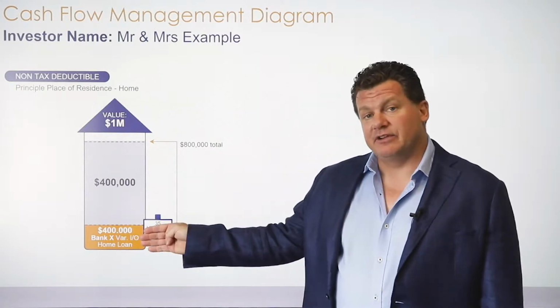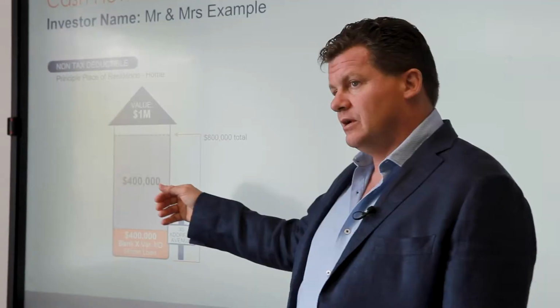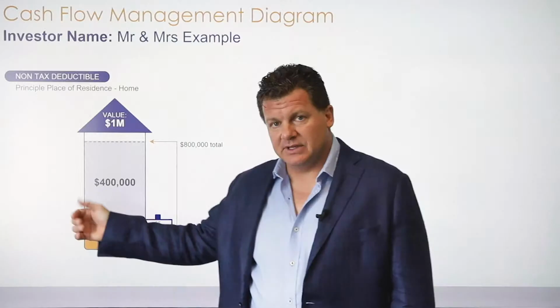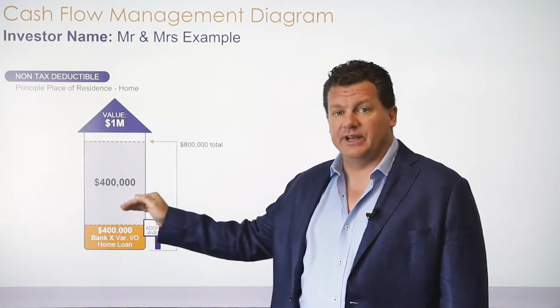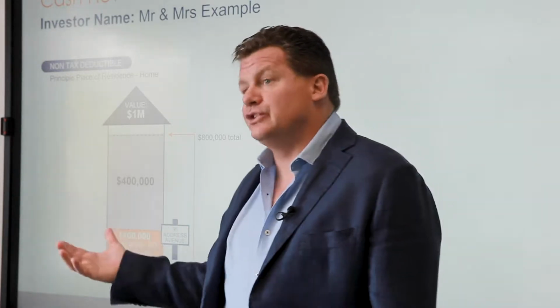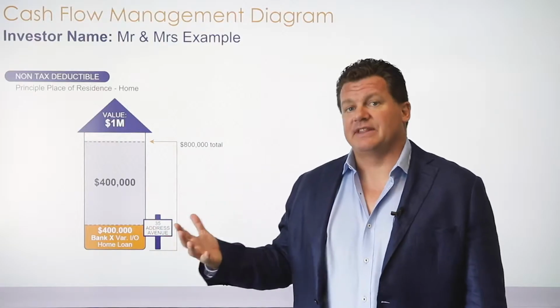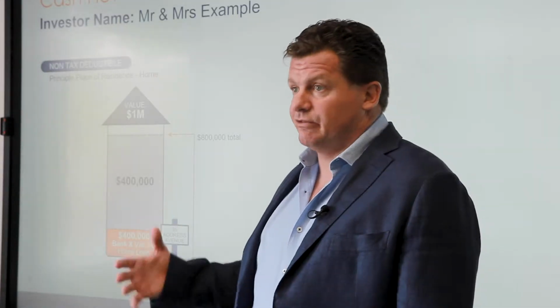So if we keep the original loan at 400, take another loan of 400, but we haven't drawn that loan yet, you have a $400,000 loan with all this cash available in it in redraw. That's effectively cash that you can use to invest in other property, and there's some other things we can do to it to help improve safety and risk management.